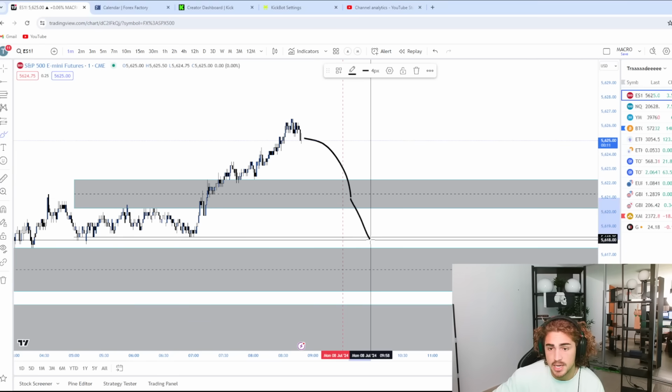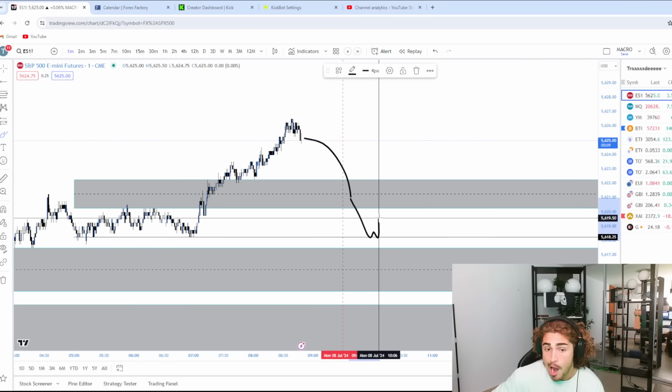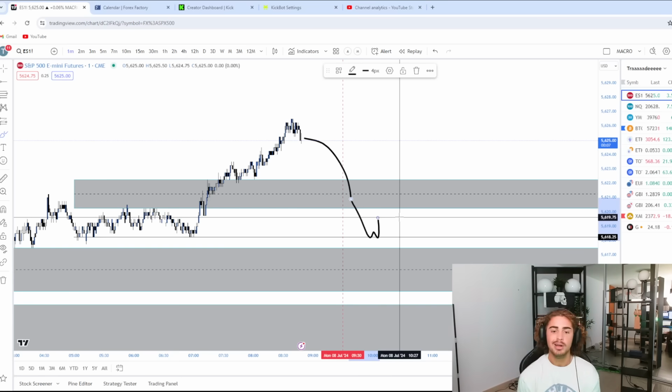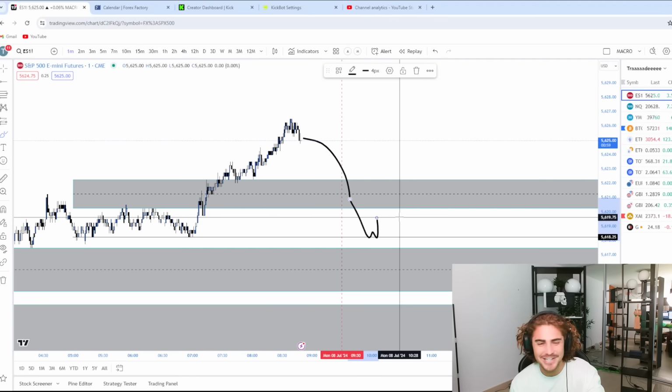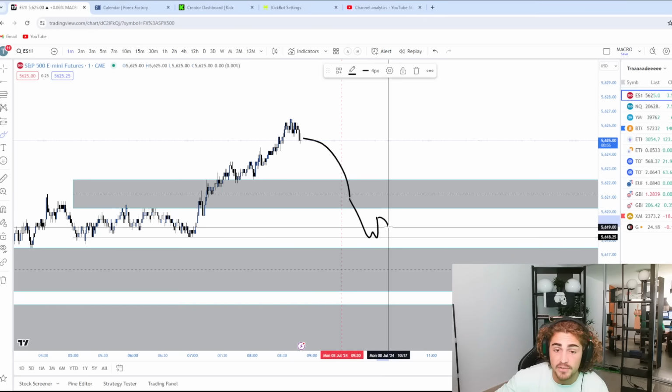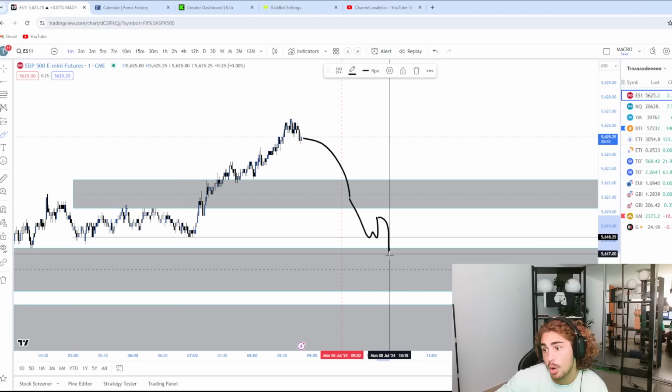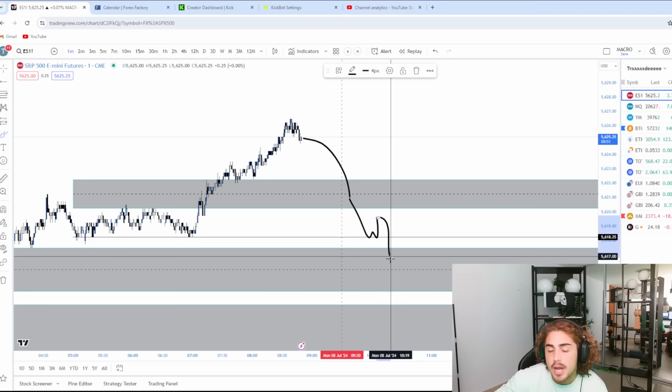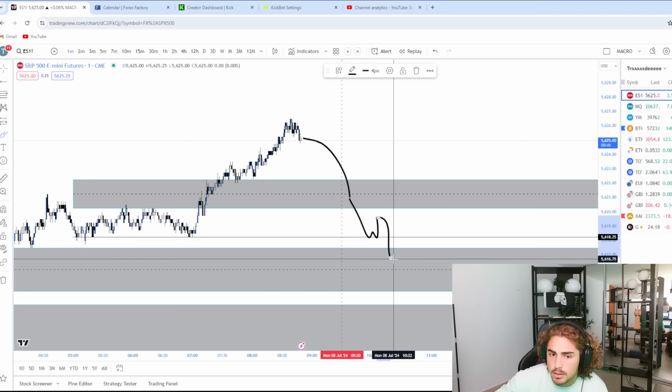If this one gets hit and we get a break of structure, but no fair value gap, you're not going to enter.